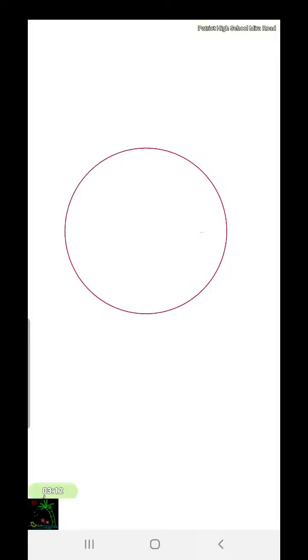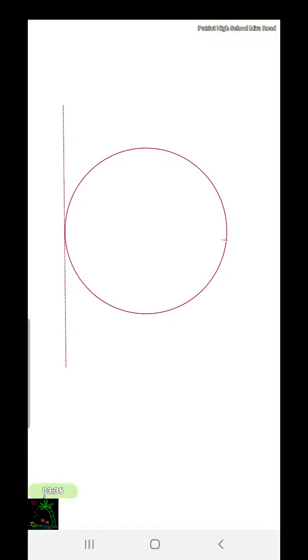Let us draw the diameter. What do you mean by the diameter? Let us find out what is the diameter. Now if you consider this line, it is touching the circle, that is tangent to the circle.